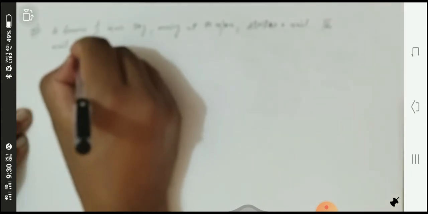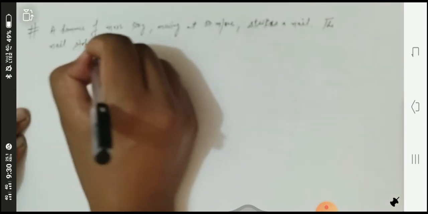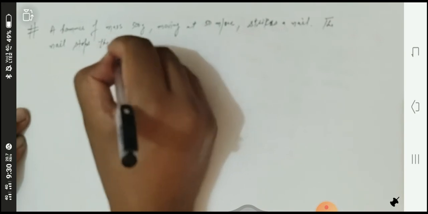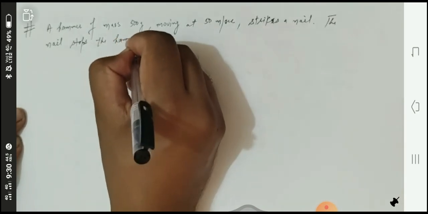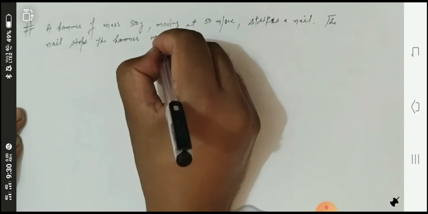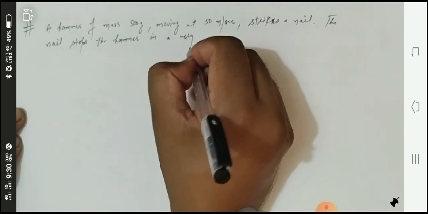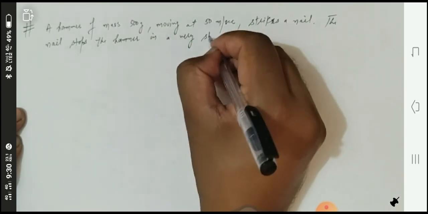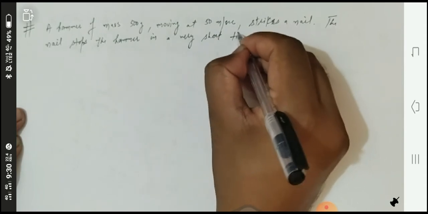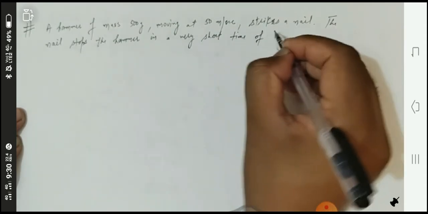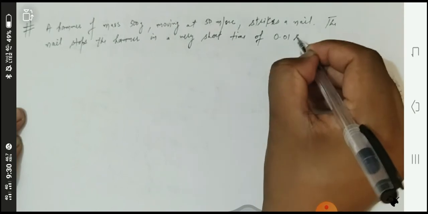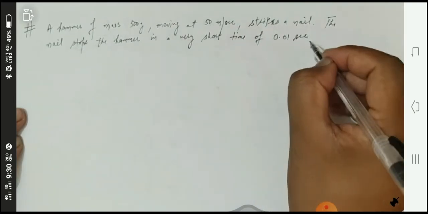The nail stops the hammer in a very short time of 0.01 second.